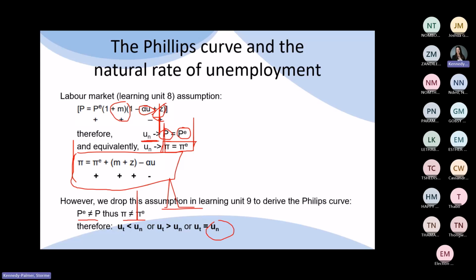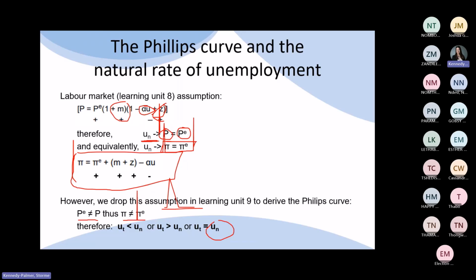expected to be zero. Now, let's say that workers and businesses expect prices to rise by 2%, but in reality, they rise by 4%. So because of this unexpected inflation, businesses can afford to hire more workers since wages are lower in real terms than they are expected, and unemployment temporarily falls below the natural rate.